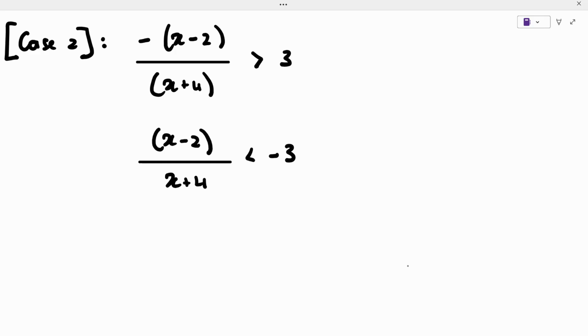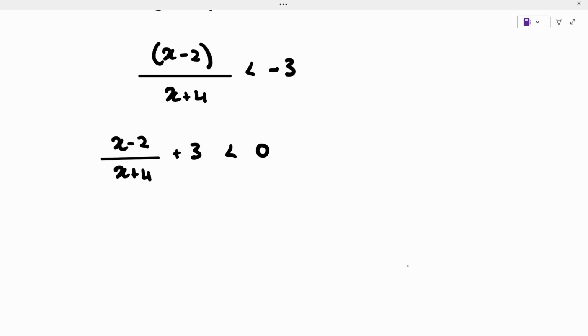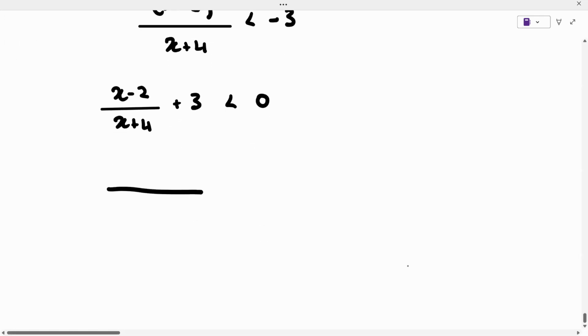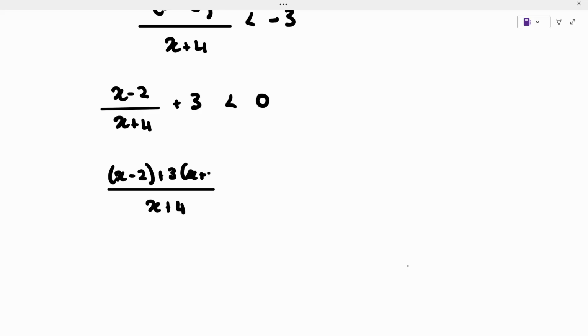We want to do the same thing, write it in our known form. So we're going to have x minus 2 over x plus 4 plus 3 is less than 0. We simplify this. x minus 2 plus 3 times x plus 4, over x plus 4, is less than 0. We expand the numerator.